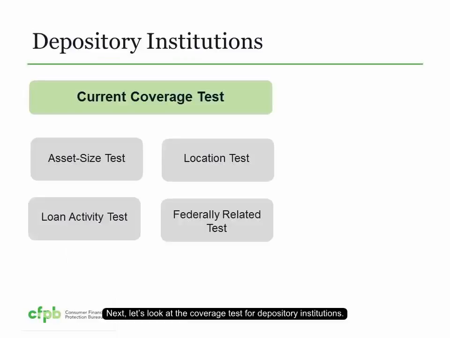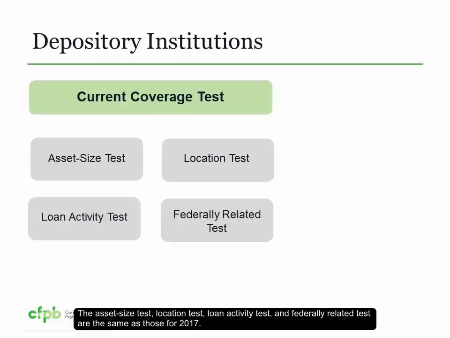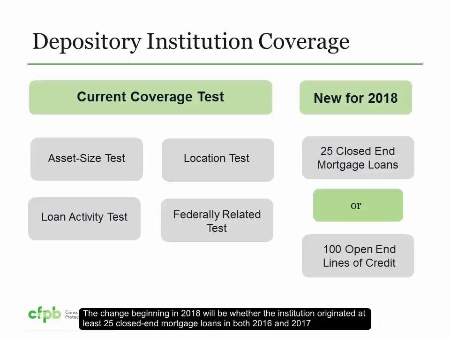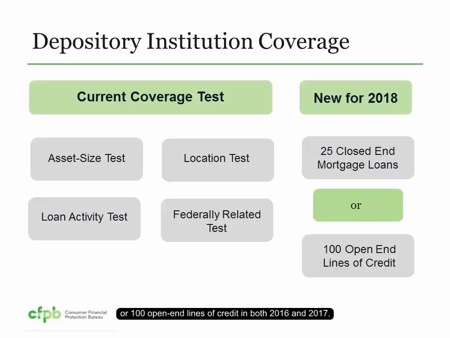Next, let's look at the coverage tests for depository institutions. The asset size tests, location tests, loan activity tests, and federally related tests are the same as those for 2017. The change beginning in 2018 will be whether the institution originated at least 25 closed-end mortgage loans in both 2016 and 2017, or 100 open-end lines of credit in both 2016 and 2017.